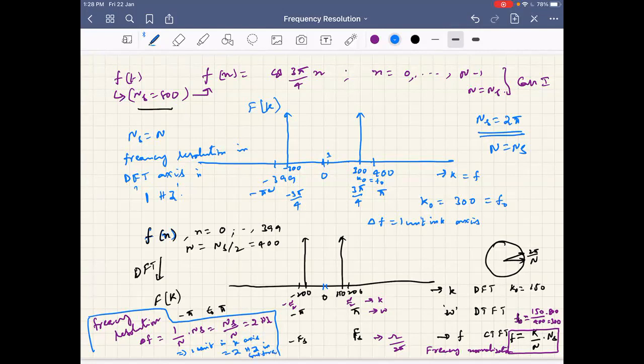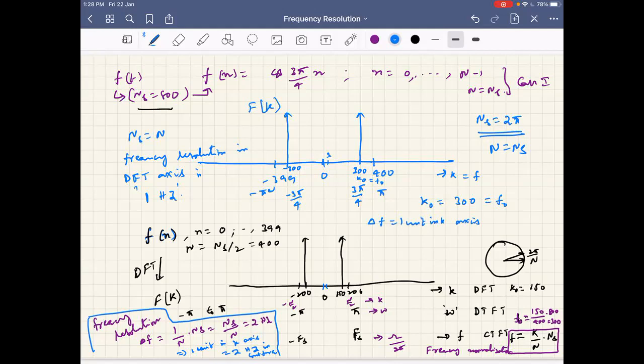That's what frequency resolution is. So if each sample represents 2 Hz, you will not be able to distinguish any frequencies that are less than 2 Hz.